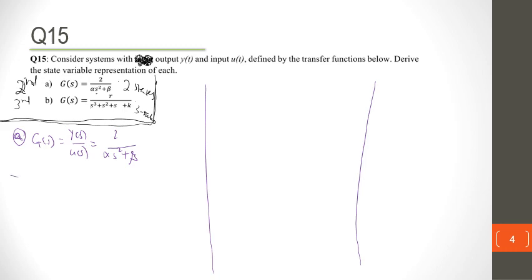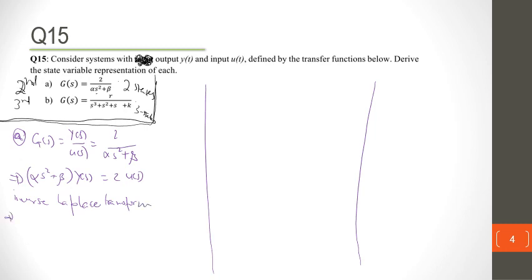Now this implies that we have alpha s squared plus beta times y of s is equal to 2u of s. We take the inverse Laplace transform.